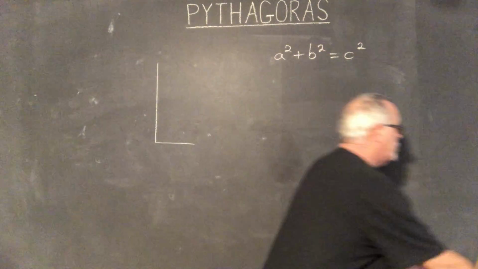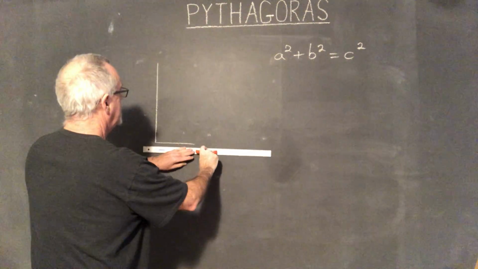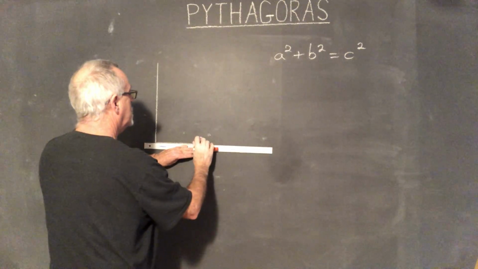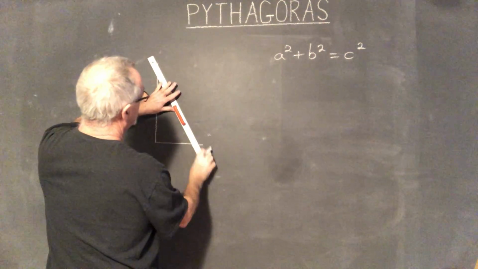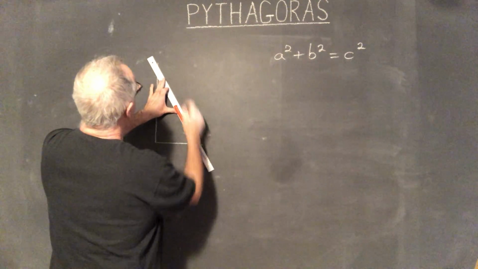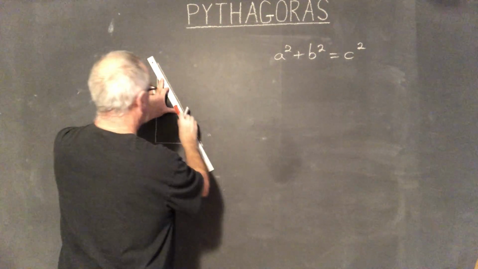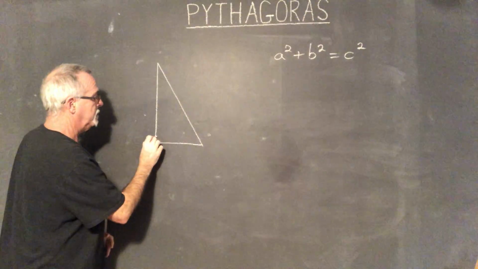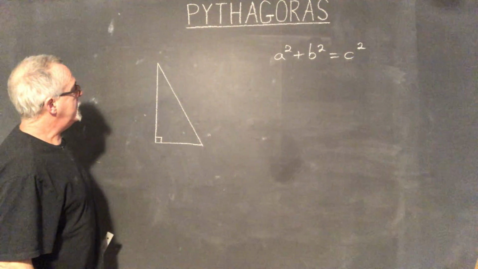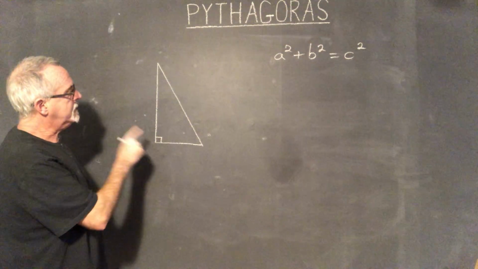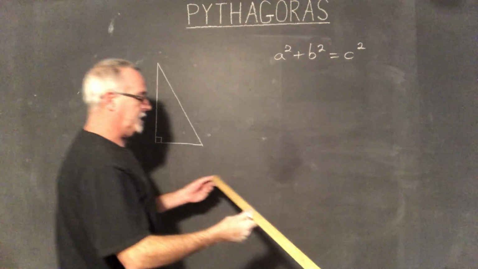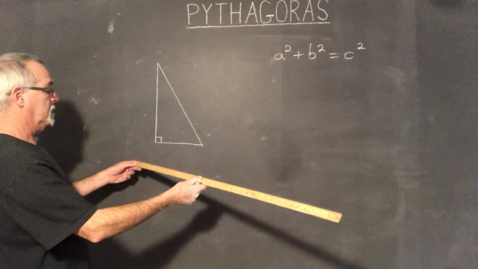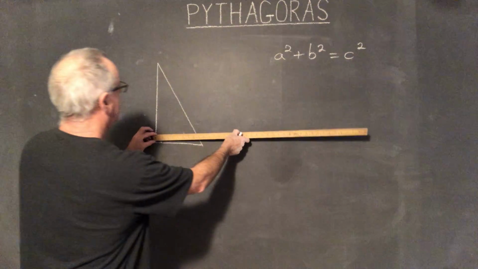And now I'll go back to the ruler, and I don't have to make this much longer. In fact, I'm just going to make it just a little bit longer, and I'm going to let this be my right triangle. It's kind of a tall, skinny one this time. There's my right angle. And let's say fractions of a meter. Let's see if I can come up with something that's kind of cool, but I'm kind of estimating this.